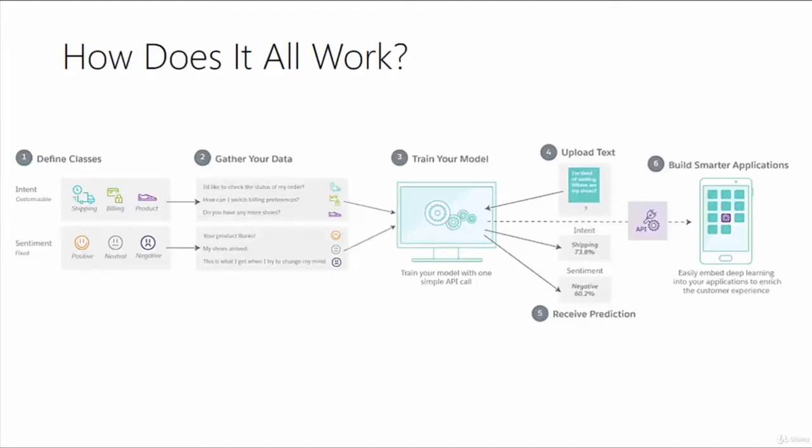Based on the result, obviously we understand that the intent is shipping, and then in the final step you can work on building smarter applications. You can easily embed this deep learning into your applications to enrich the customer experience. So this is the flow of Salesforce Einstein intent.